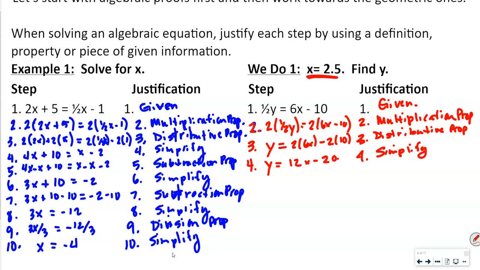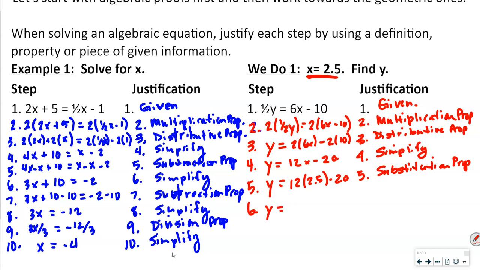Now the next step I'm going to do is I'm going to actually substitute in that 2.5 so that I can find y. Okay, so for step 5, I'm going to say y is equal to 12 times 2.5 minus 20. Okay, so this is going to be substitution property. Okay, so here again we're going to simplify. So I'm going to say y is equal to 12 times 2.5 was 30 minus 20, right?